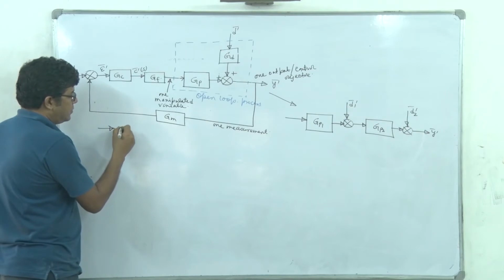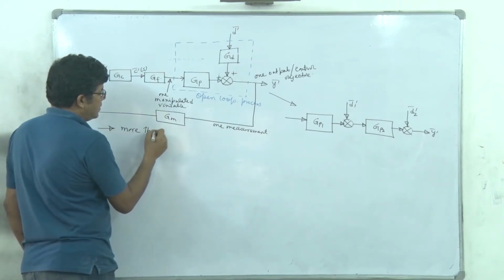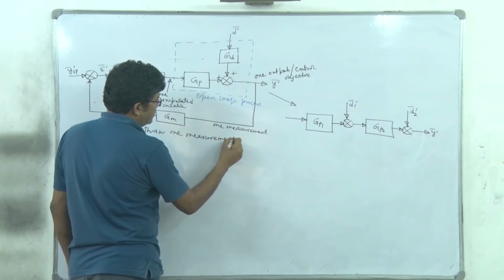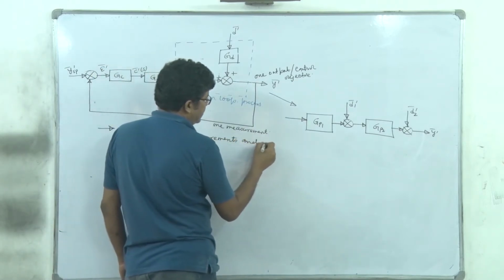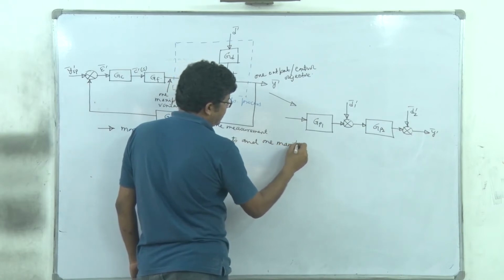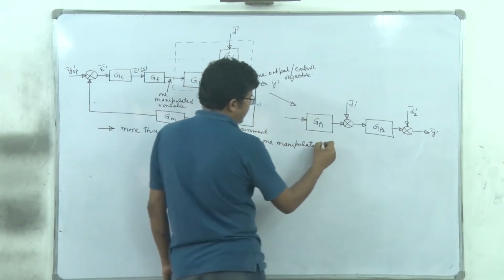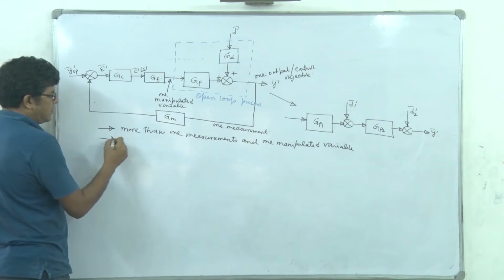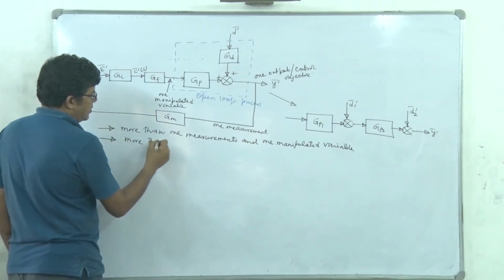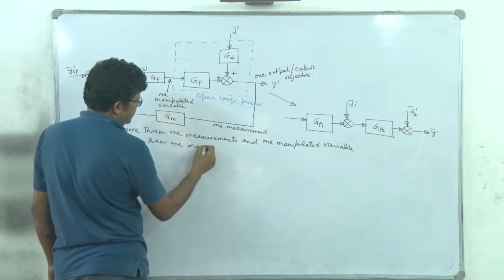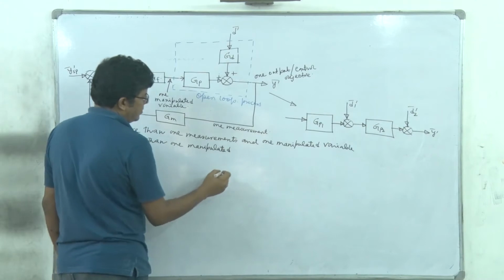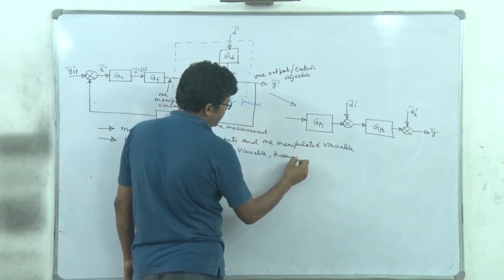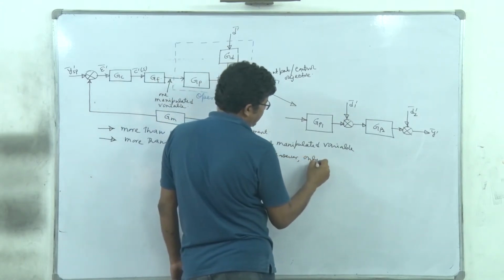Particularly, we can think of situations where we have more than 1 measurement and 1 manipulated variable, or alternatively more than 1 manipulated variable, however only 1 measurement.